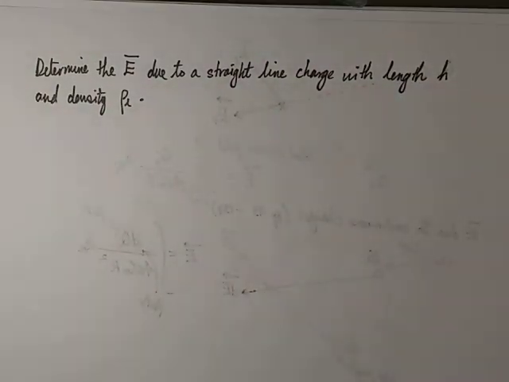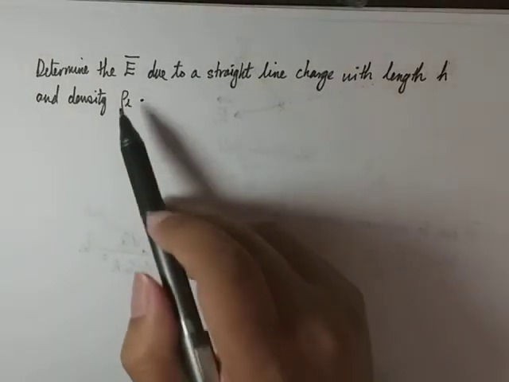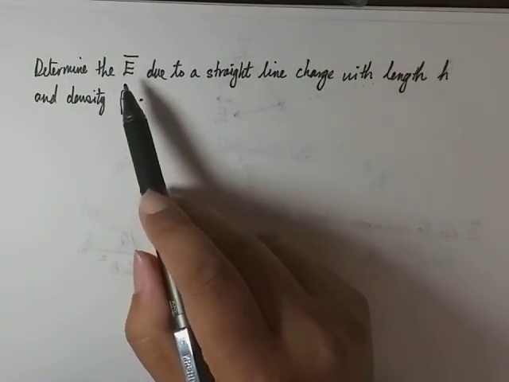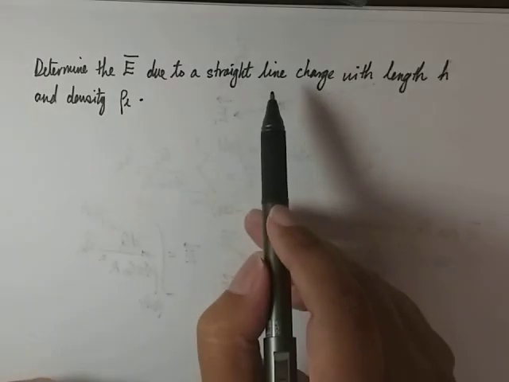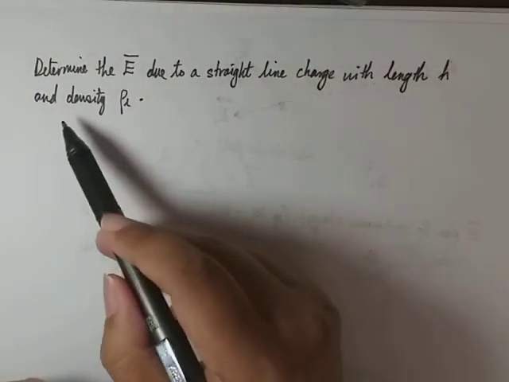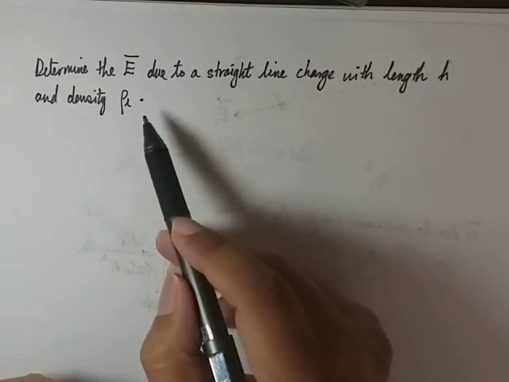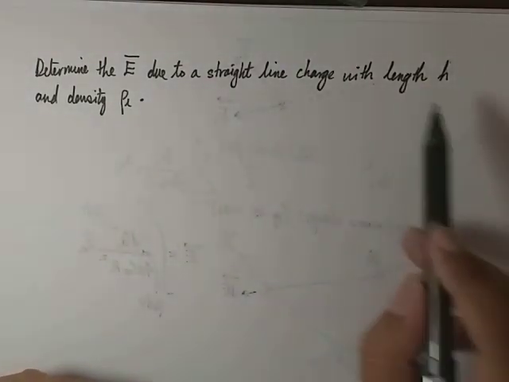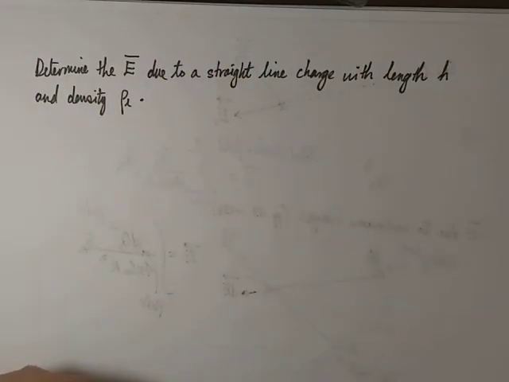Very simple short question that we can continue. Determine the electric field intensity due to a straight line charge with length h. You can add the unit meter if you want to, and density rho L with unit Coulomb per meter if you want to. So that should be the next exercise that we would like to go into, using our developed formula for continuous source to determine electric field intensity. But anyway, I'm not going to do it now.